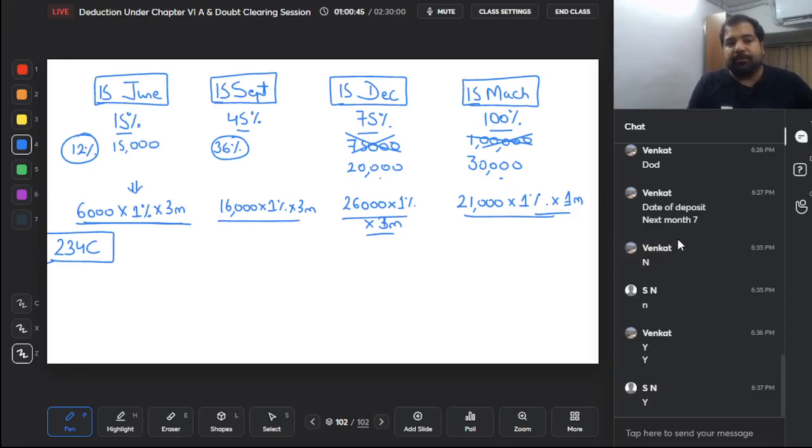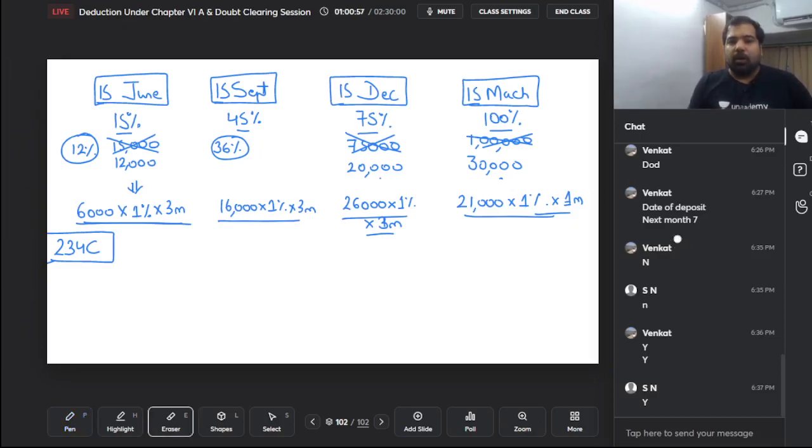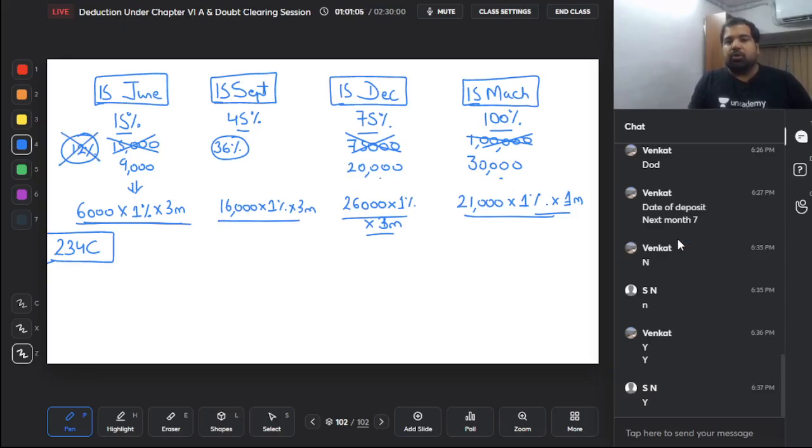That is ideal. But even if you paid 12,000 or 12.5 or 13, we will not charge you interest. So that means up to 12%. Is there a concession? Yes. But what if you paid only 9,000? Then it's below the concession, so concession disappears, the shortfall is 6,000.